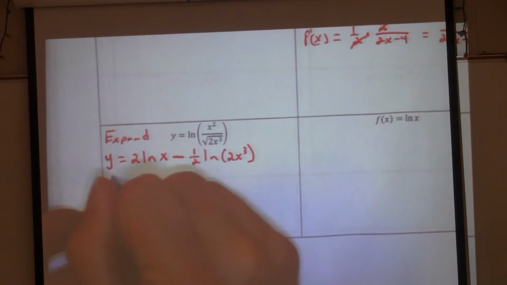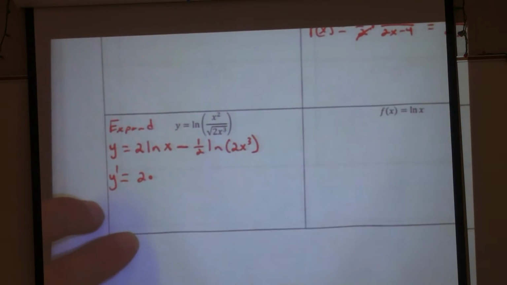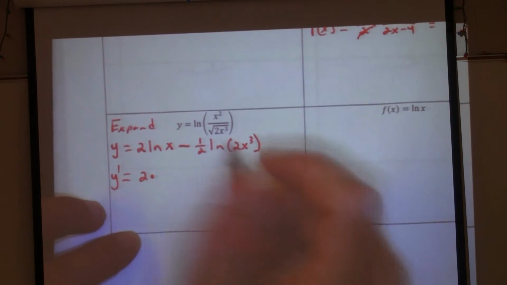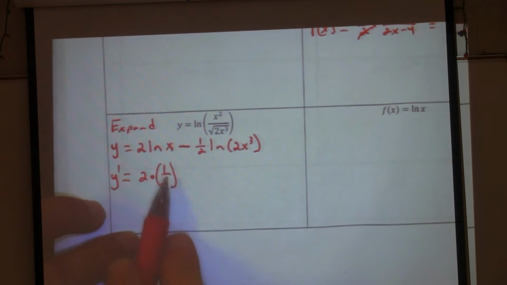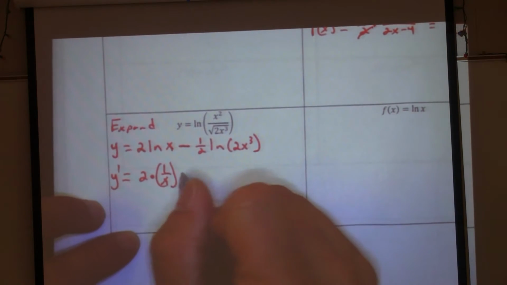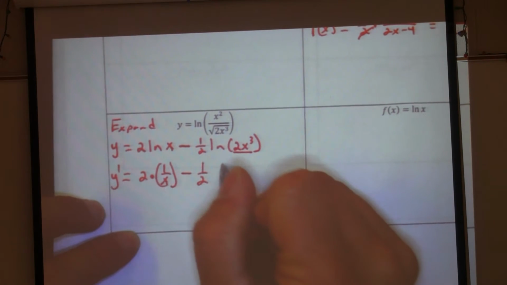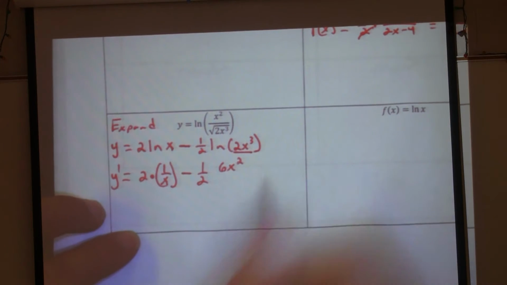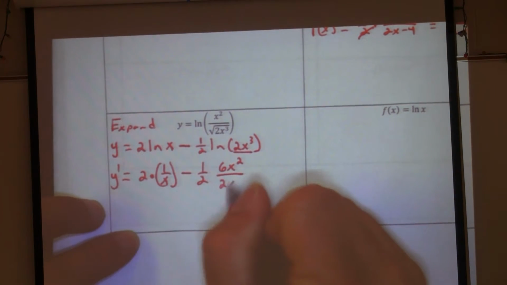So now let's do it. Let's get the derivative. That's going to be 2 times, what's the derivative of ln of x? 1 over x. Very good. The derivative of ln x is 1 over itself. Minus 1/2 times d stuff, 6x squared over 2x cubed.